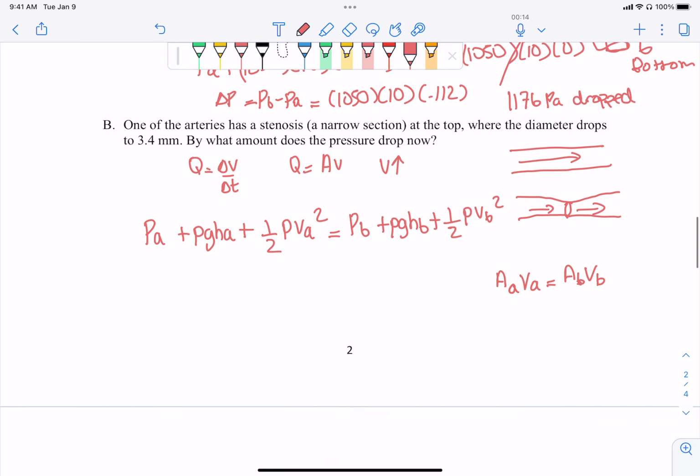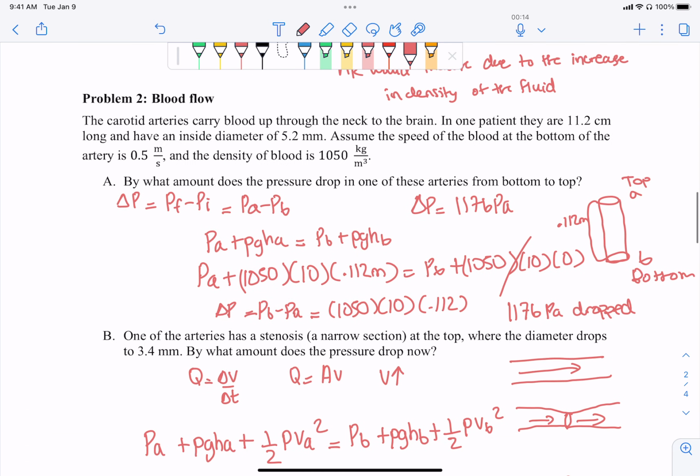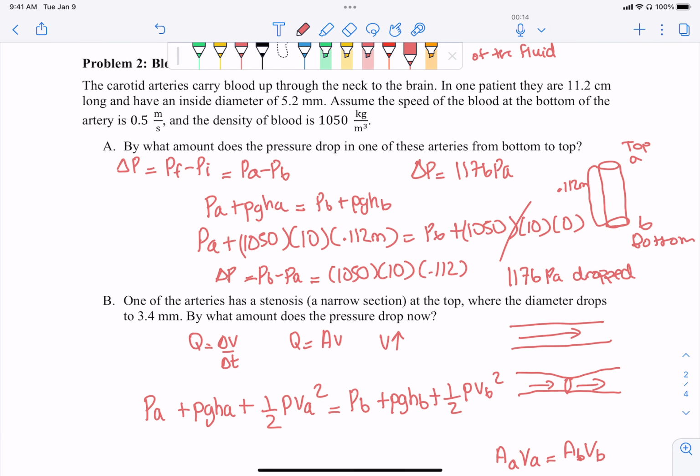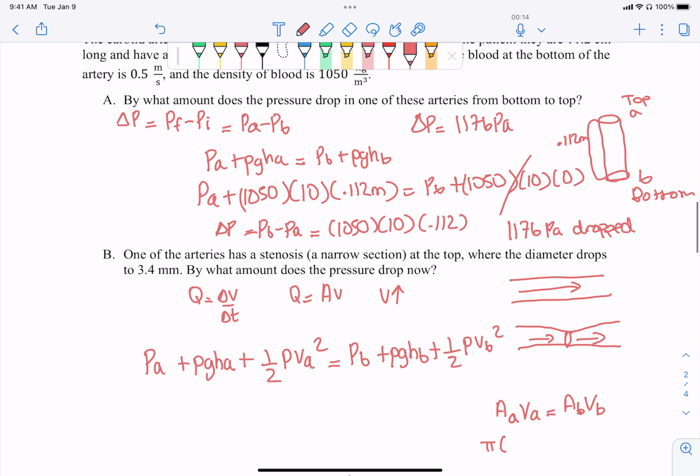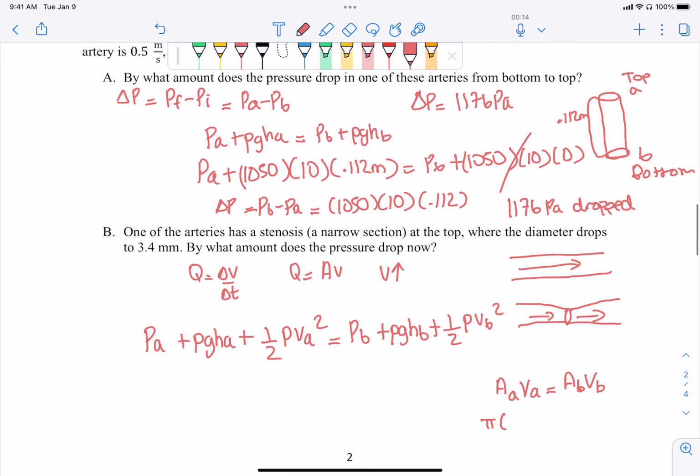We know the area is pi r squared. So pi times, what was the radius from before? At the top, the diameter drops to 3.4 millimeters. So take 3.4 millimeters, divide that by 2, and then convert to meters.